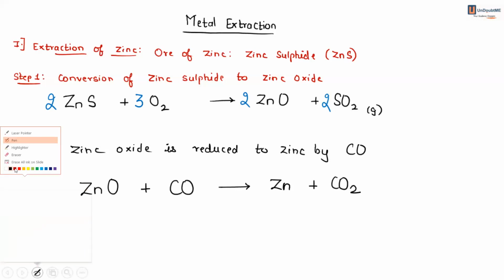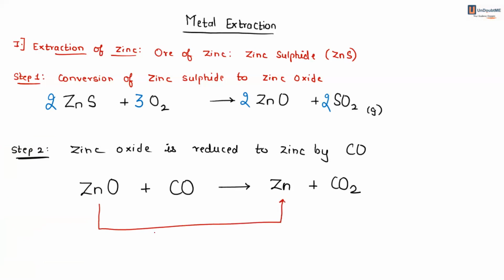So it's a redox reaction which takes place where zinc oxide is reduced to zinc and CO is oxidized to carbon dioxide. So carbon monoxide over here, will it act as a reducing agent or oxidizing agent?